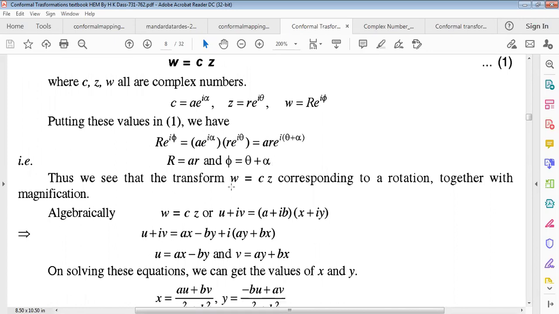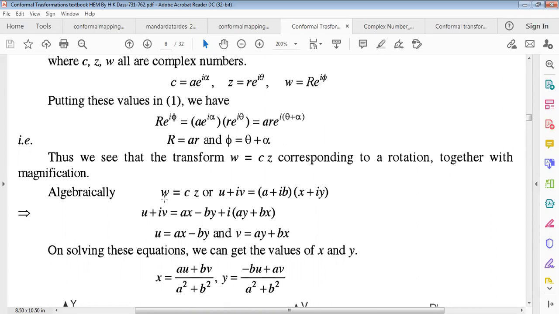Thus we see that the transformation W equals C into Z corresponds to a rotation, an angle rotation together with magnification. This is the definition of magnification, and this is the rotation. That means rotation and magnification happen together.